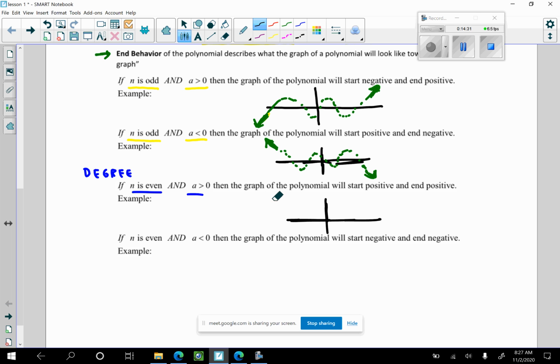It starts positive, and we don't know what's going to happen in the middle. If n is even and the leading coefficient is positive, the graph starts positive and ends positive.